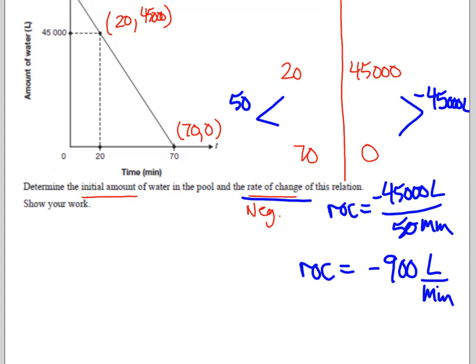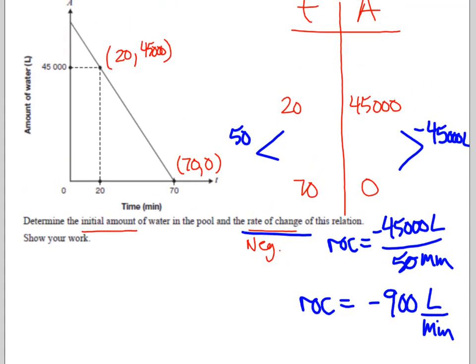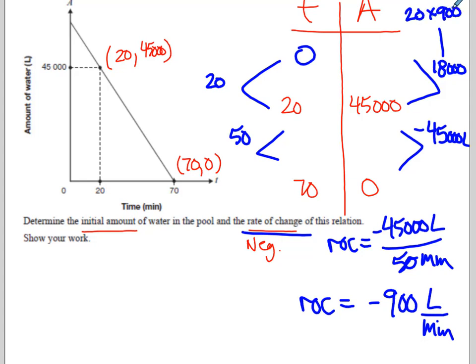Now why it's important to have that is that we can use that information to work backwards. If I want to get to 0, or our initial value, our y-intercept, I am changing by 900 liters every minute, but I'm using 20 minutes, so I have to have a change of 18,000 here, which is 20 times the 900.